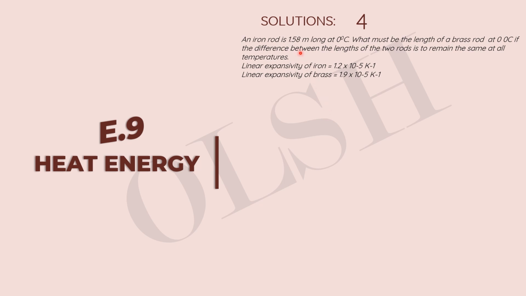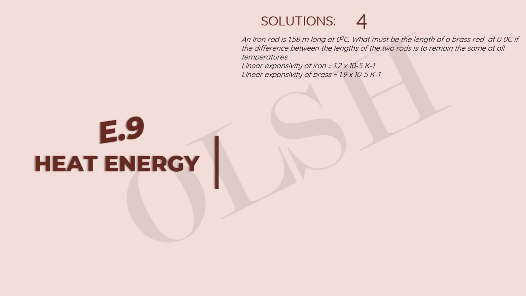Which means that at any other temperature apart from 0 degrees Celsius, the change in length for the iron rod will automatically be the same for the brass rod. Take a moment and think about it.